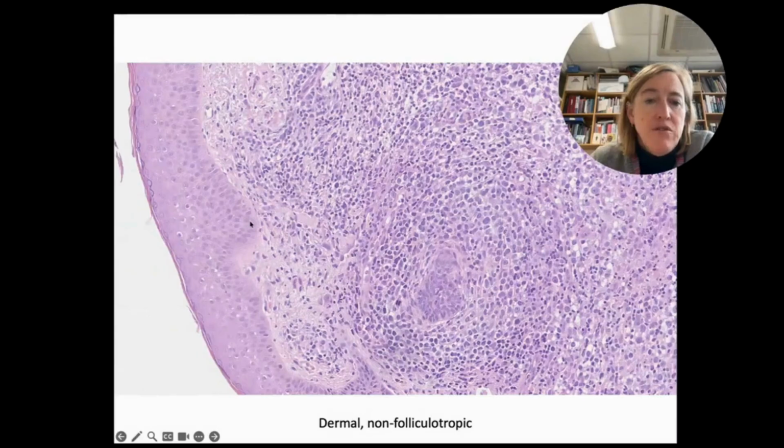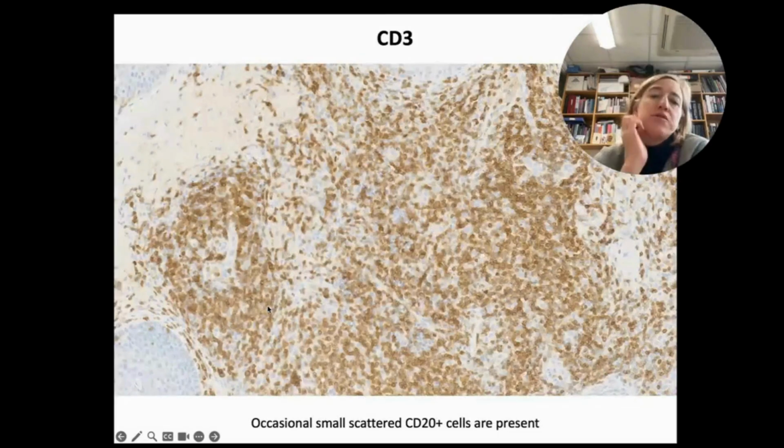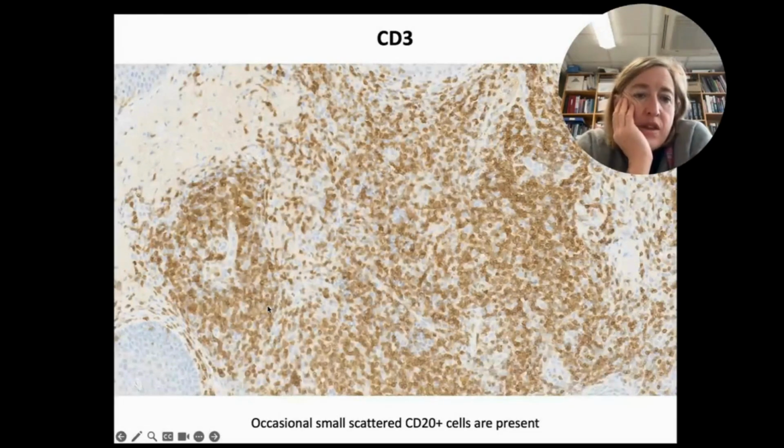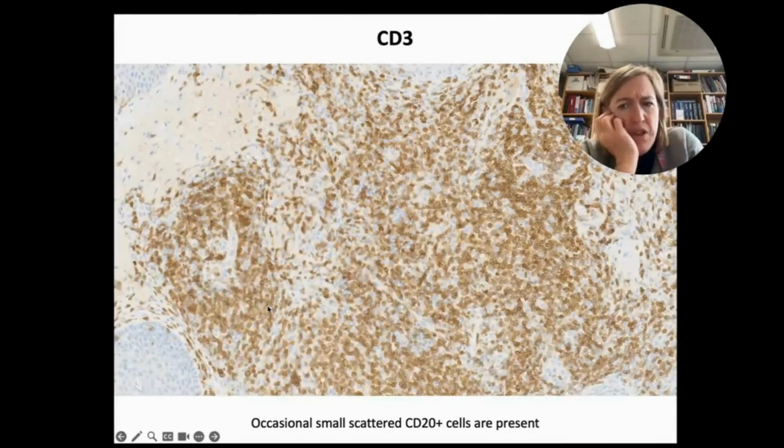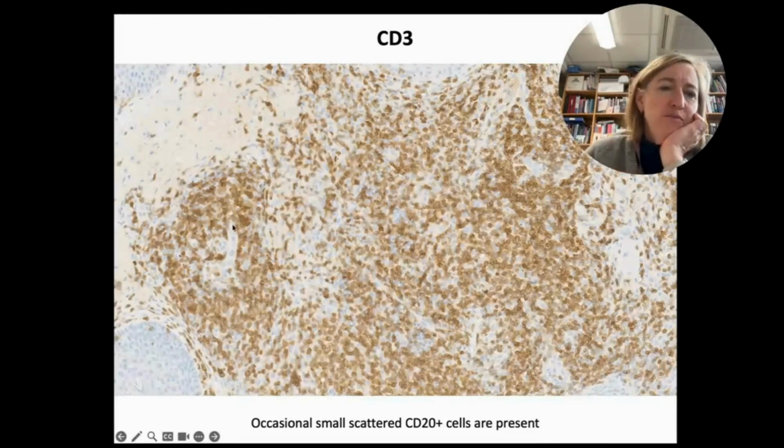Here's a follicle. They're not attacking this follicle. They're just respecting its boundaries. So it's neither epidermotropic, you can see here, the epidermis is completely spared, nor follicular tropic. But it's got big cells. There are a few B cells there, which I'm not going to show you, but the vast majority of these cells are actually CD3 positive.